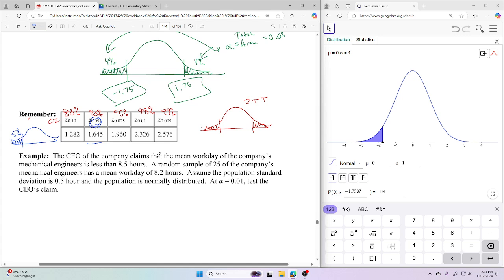Cool? Okay. CEO of a company claims that the mean workday is less than 8.5 hours. Pause. Let's set this thing up. So mean is a mu, 8.5 here and there. What do I put here in H sub A? Less than, because that's my claim.